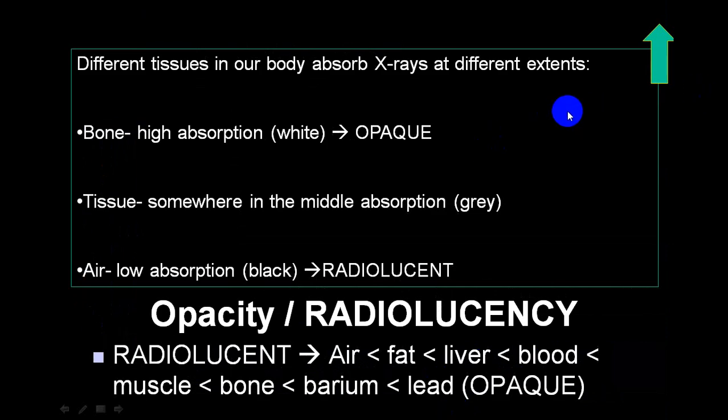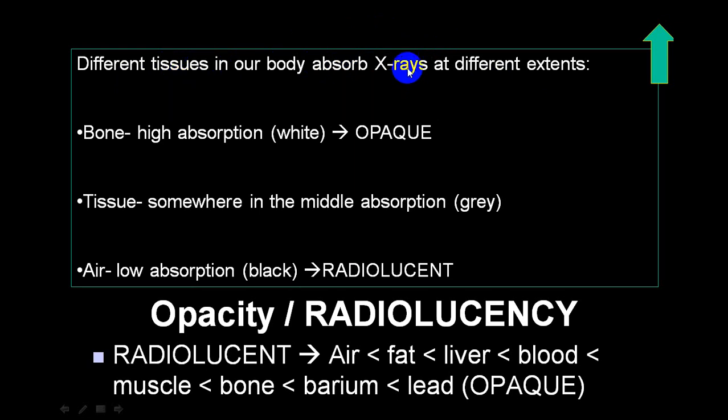Now, X-rays are invisible rays, cosmic rays, which are generated by an X-ray instrument and pass through the different tissues. Depending upon the type of tissue, the X-ray beam is absorbed; some is passed, some is not passed.